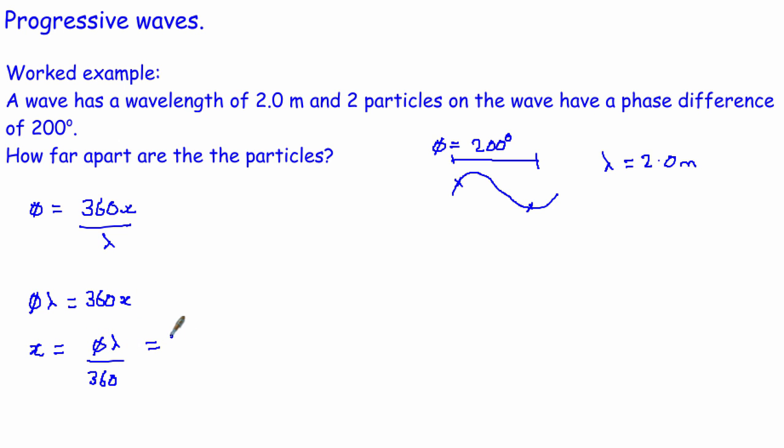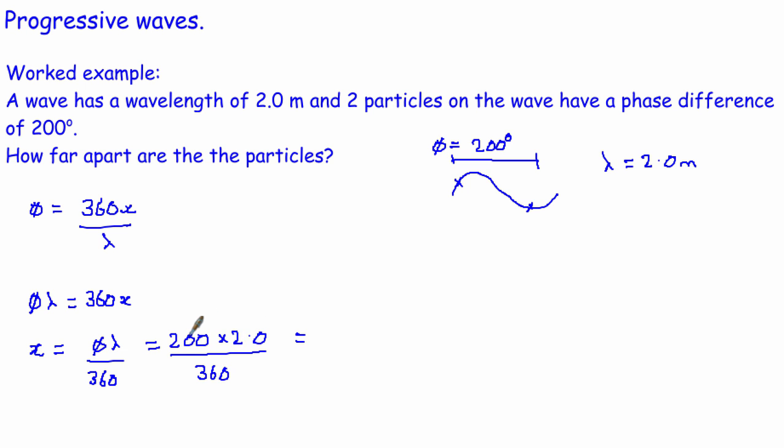So the phase difference was 200 degrees. The wavelength was 2.0 meters, and I divide by 360. And then I just get my calculator out and I get 1.1111. So I've got 2 significant figures there, 2 significant figures there.